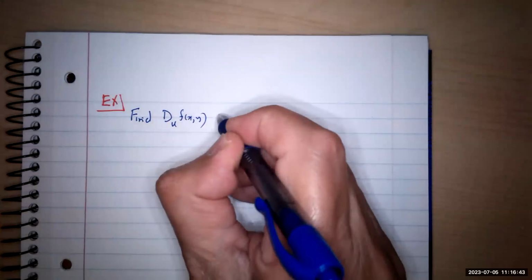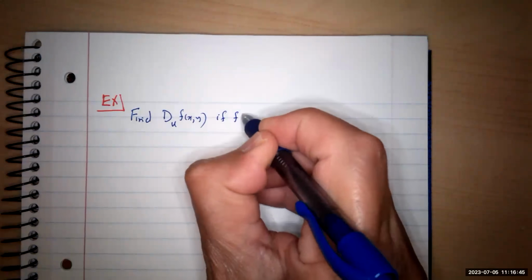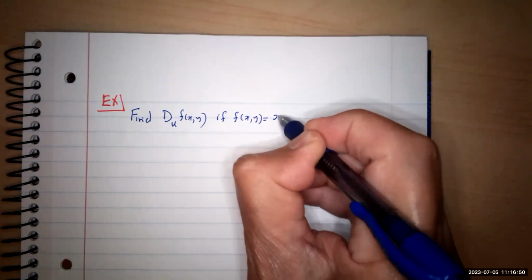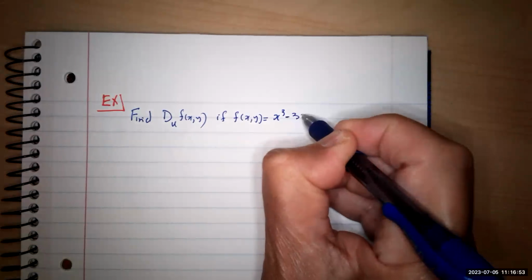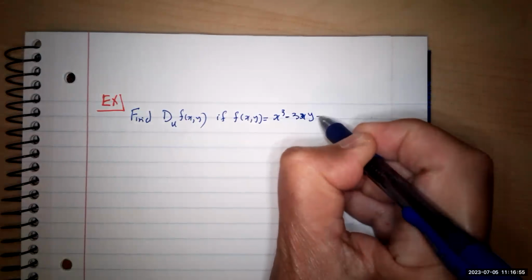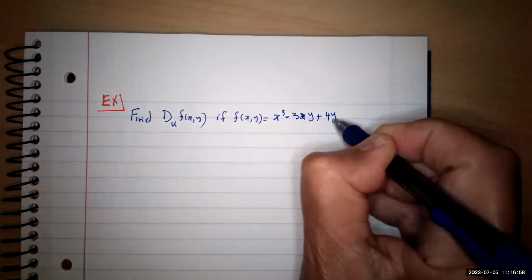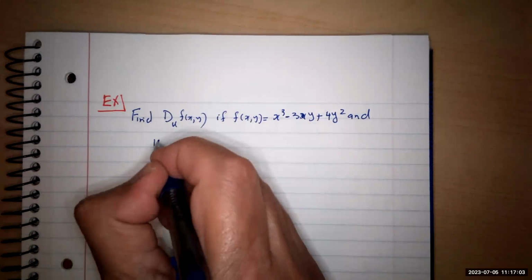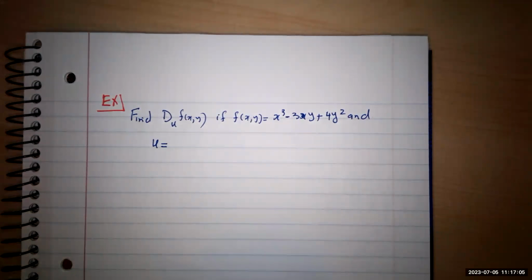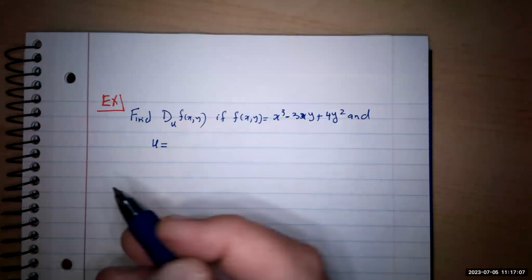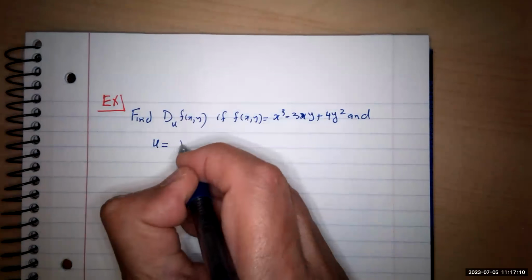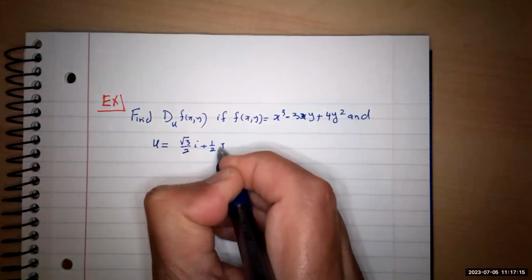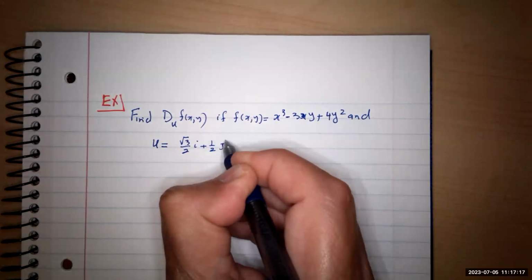If f of x comma y is equal to simply x cubed minus 3xy plus 4y squared, and u is given to you as the vector u equal to (√3/2) i plus (1/2) j. Okay, that is given.